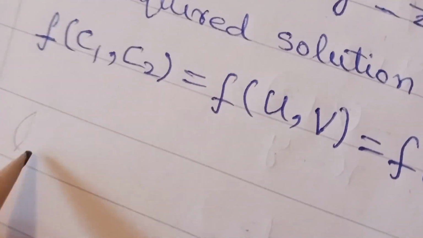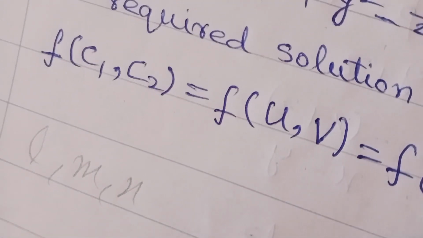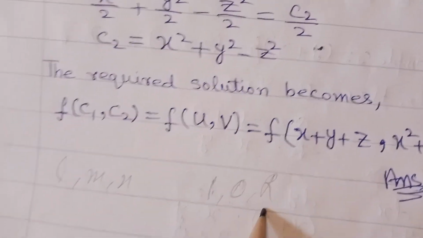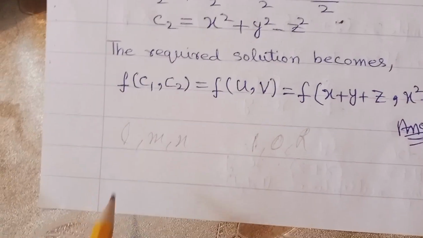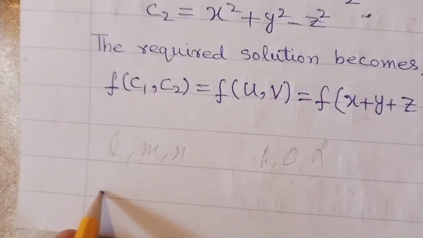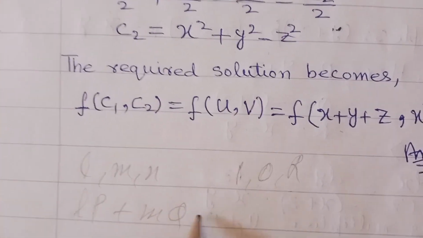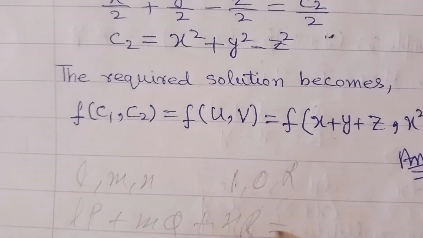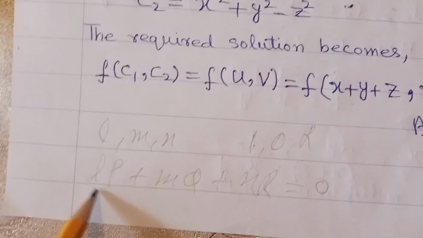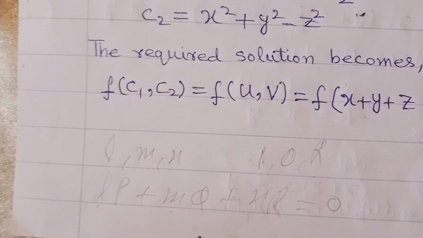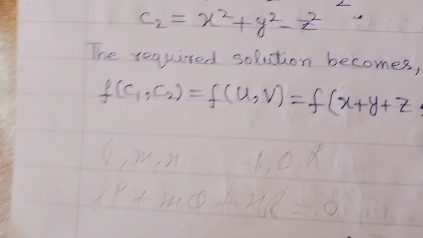For example, when you are choosing the values l, m and n, and you already have the values of capital P, Q and R, when you apply this factor, lP plus mQ plus nR is equal to 0. Why? Because you must choose the values of l, m, n such that this equation provides 0.